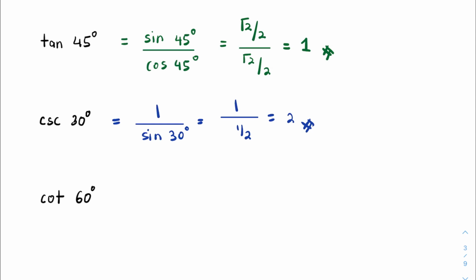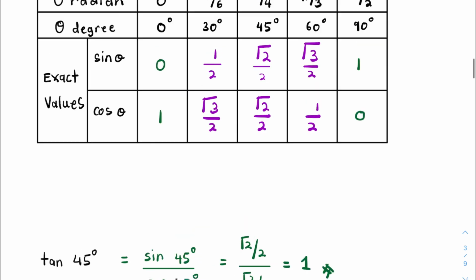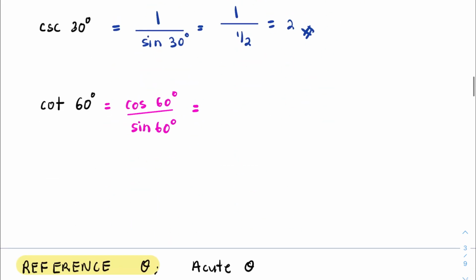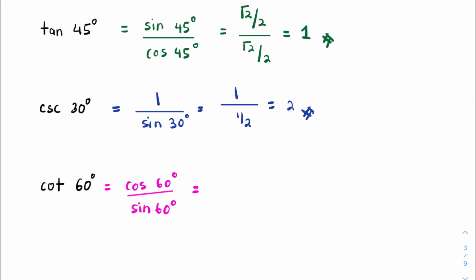Now let's look at the last one, cotangent 60 degrees. Cotangent is 1 over tangent, the reciprocal of tangent, so you can also write it as cosine 60 degrees over sine 60 degrees. From the table, or whatever you memorized, sine 60 degrees gives square root 3 over 2 and cosine 60 degrees gives half. Substituting, you have half over square root 3 over 2.